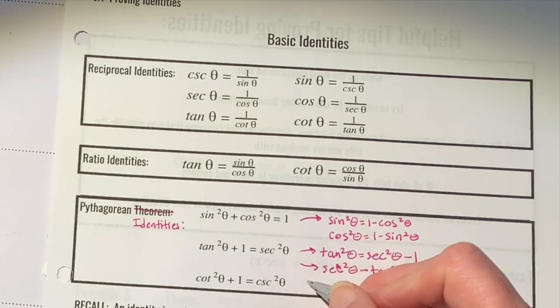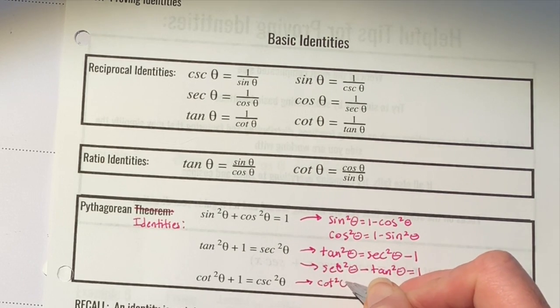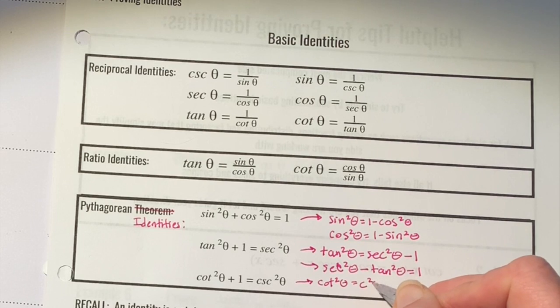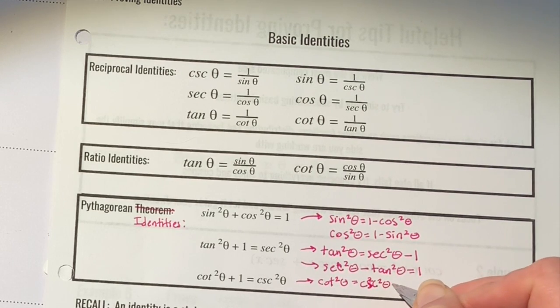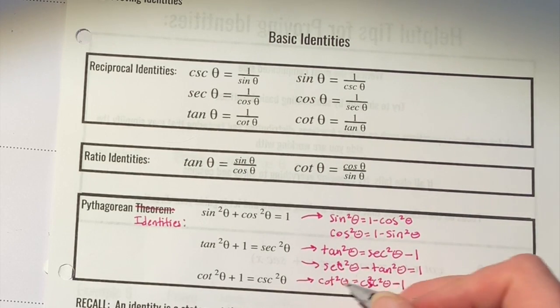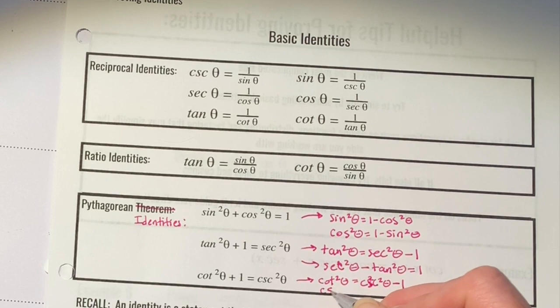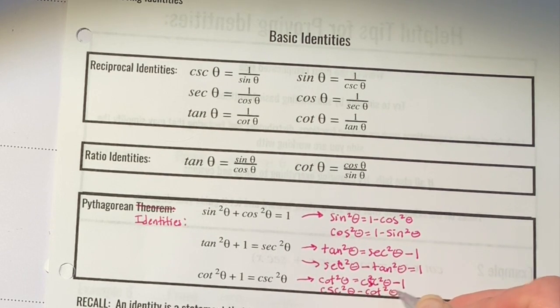All right, and then same thing here. I could subtract the 1 over, and I could write this as cotangent squared theta equals cosecant squared theta minus 1. Or I could subtract the cotangent squared over and write this as cosecant squared theta minus cotangent squared theta equals 1.